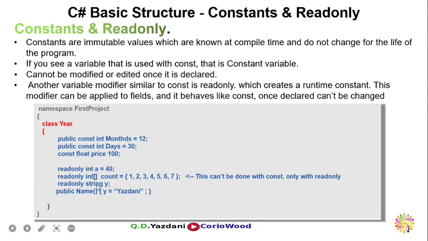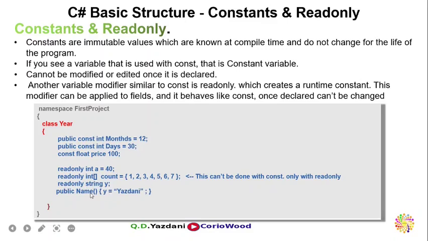I have declared it, but I haven't initialized it. So what I'm doing here is, I declare read only string y, and here I'm creating another method, y equal to, and I'm assigning yes done, which is a string, to y. I can do that with the read only. You can do that with the read only.